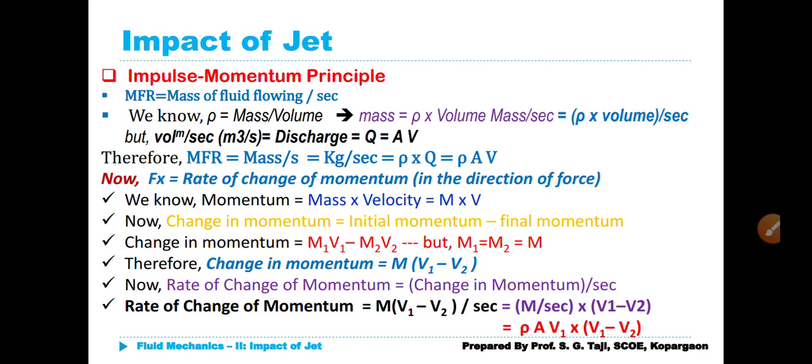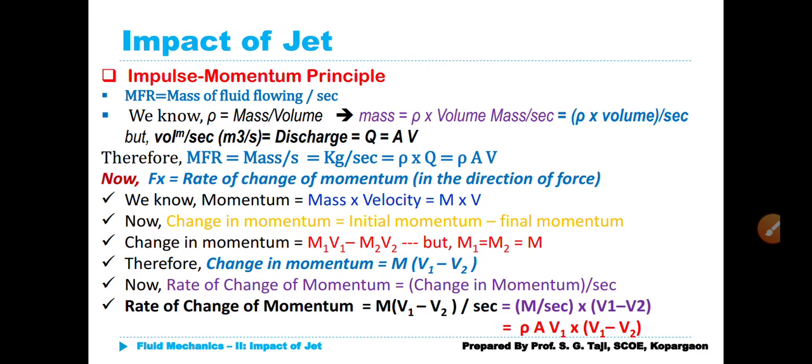In the last class, we have seen the force exerted by the fluid jet on a flat plate when it was kept stationary and normal, one case, and another one inclined to the jet, but again stationary, and we have derived the equation.